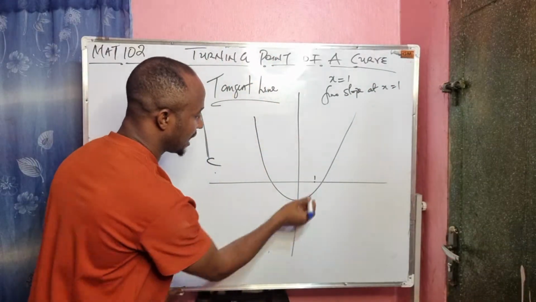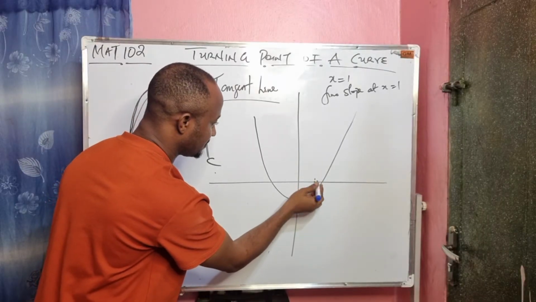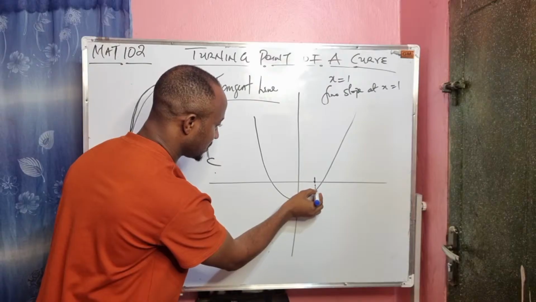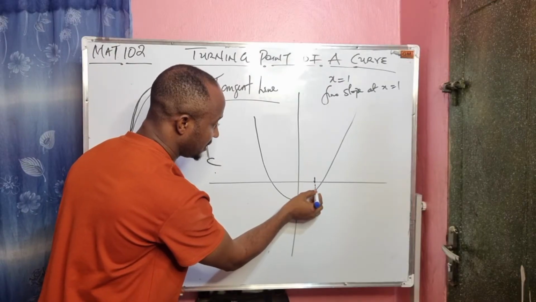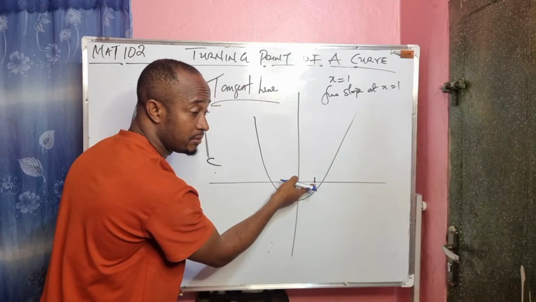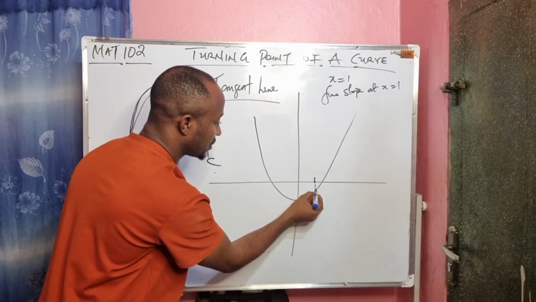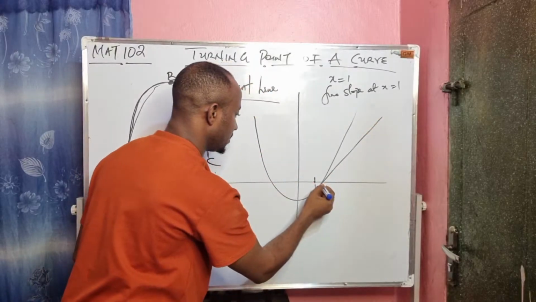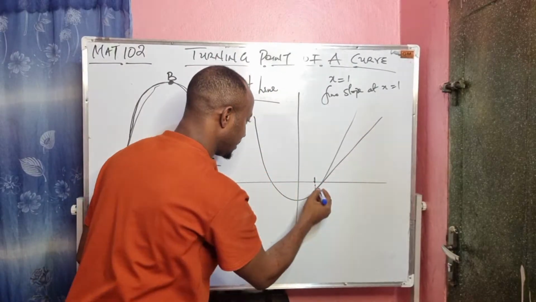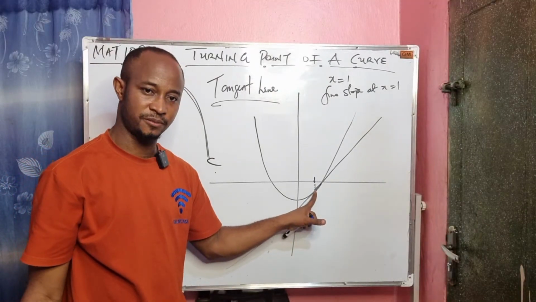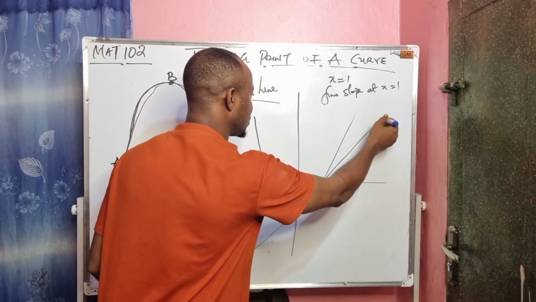What do we do here? I would locate my 1 on the x-axis, then trace it downward. At the point where the number 1 touches the curve, I will draw a straight line that passes through that point.